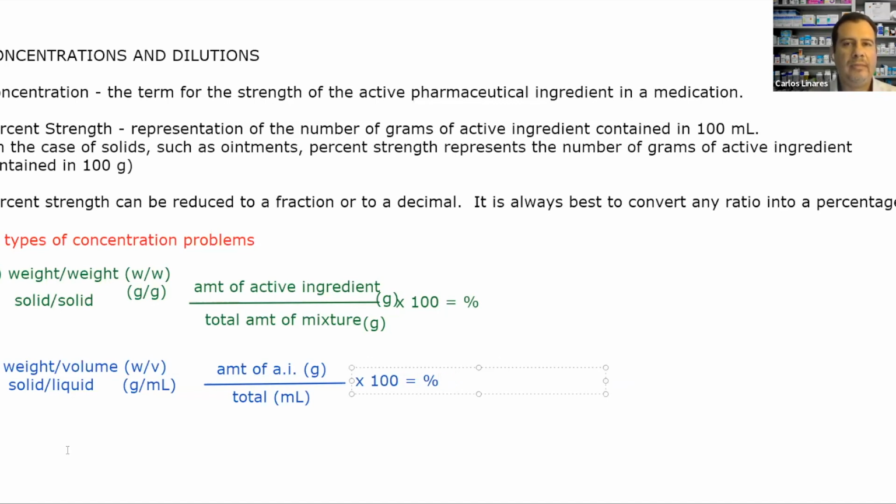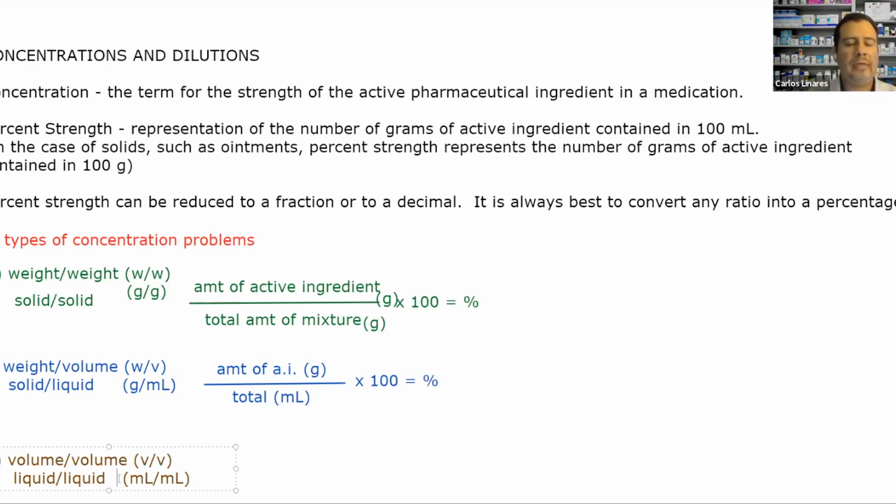And then finally, the last one is volume per volume, or V per V, which is where you have a liquid over a liquid. And this is mLs over mLs.